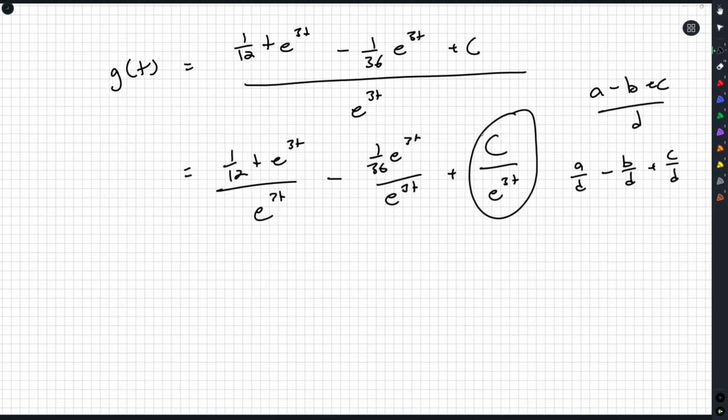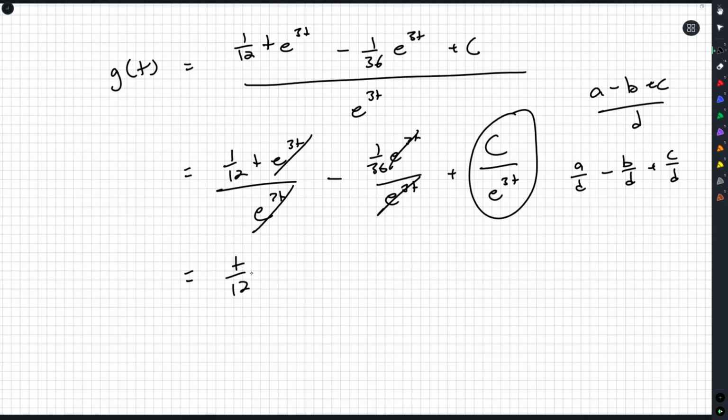Now, there's nothing you can do to simplify this, but these ones, yeah, you can simplify them and cancel them out. But if you had done it rashly before, you would have had a plus c at the end rather than a plus c over e to the 3t. Or as I'm about to write it, c times e to the minus 3t. That's just because I like keeping everything on one line if I can.